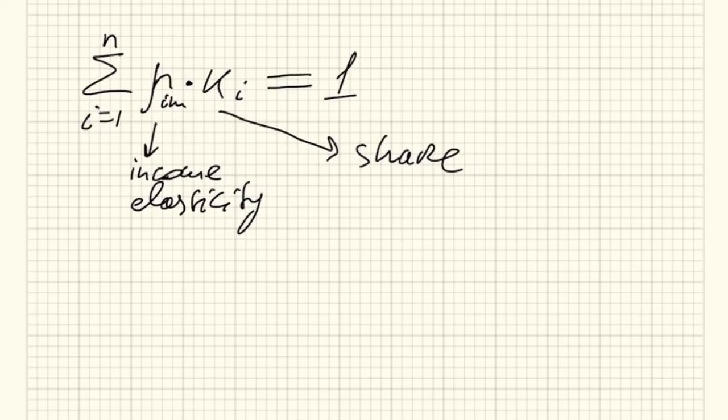So if you look at the sum of the budget shares, what would you find? What would be this number? Just think about it. You pause the video and you think about the sum of the budget shares.